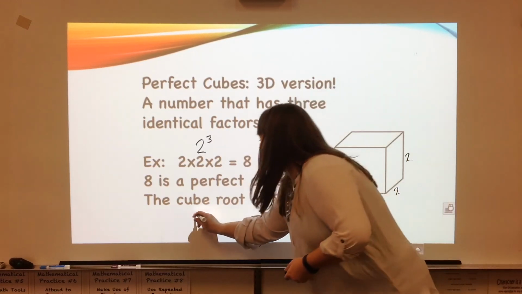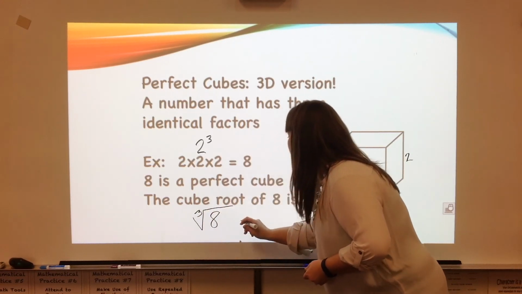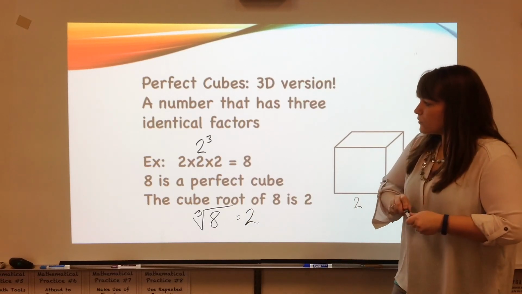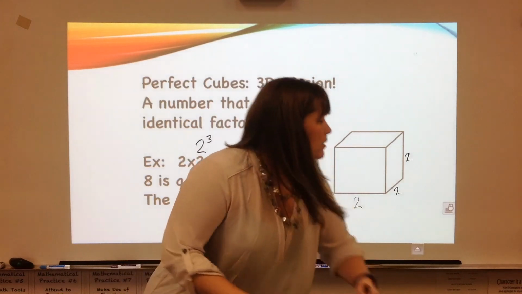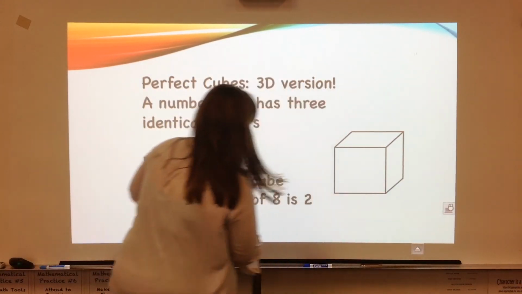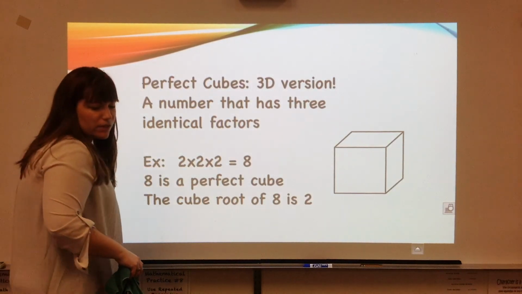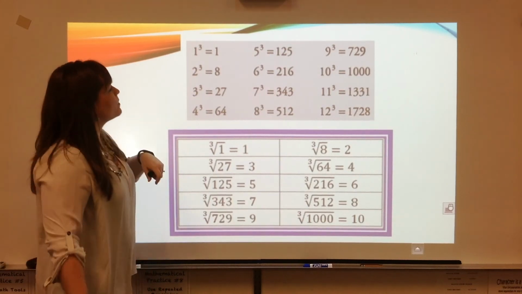We can also show this as a cube root, and that would be 2. So I just have a few more pictures to show you about this cubed root pattern that we see, and then we'll be done. If you want to think of your favorite shape and write that on the bottom of the blue sheet, that would be great as well.